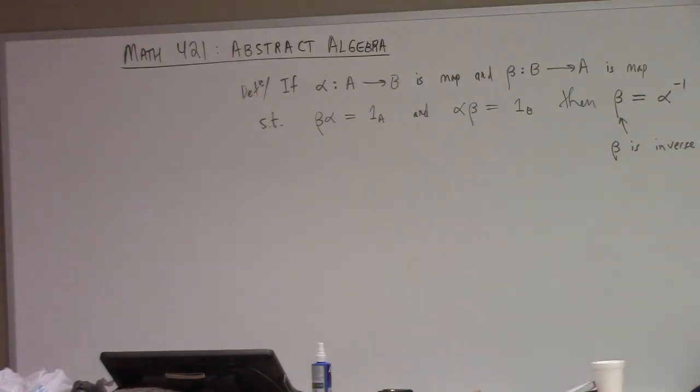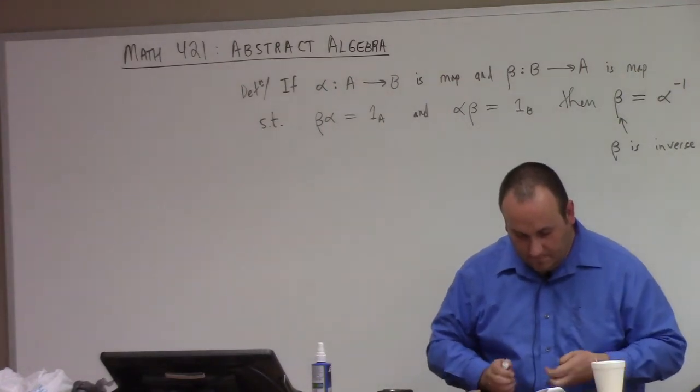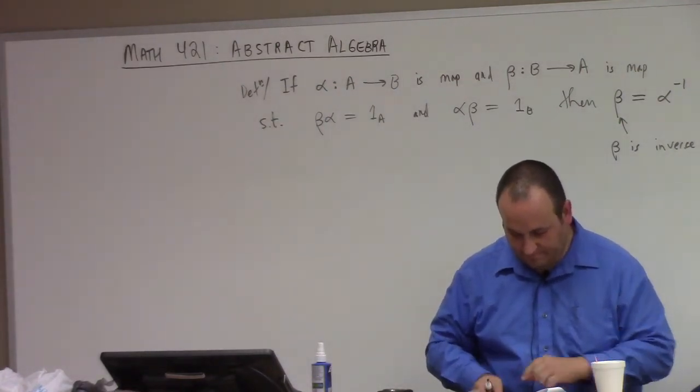But yeah, this function would also be a bijection. In order for this to make sense, you can figure out that the image of alpha would have to be B. It'd have to be an onto map for this to make sense. In fact, that's the content of the theorem I'm about to write down, which connects these things.